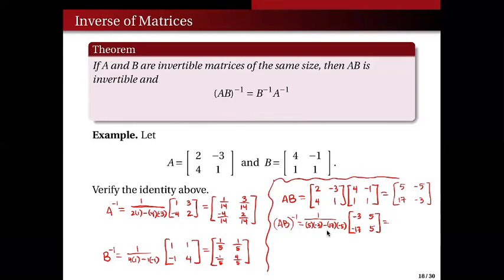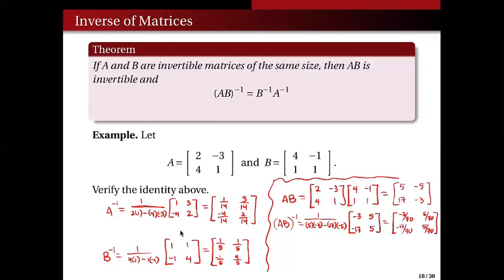So 1 over 70, or we will have negative 3 over 70, 5 over 70, negative 17 over 70, 5 over 70. That's your AB inverse.